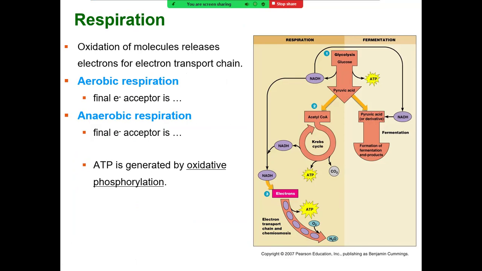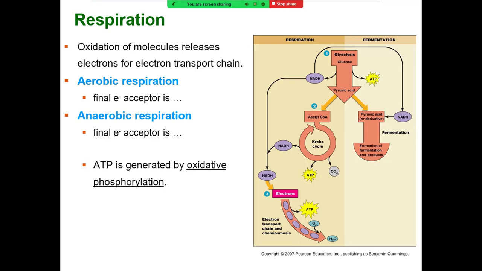Aerobic respiration, which we're going to talk about now in detail, and anaerobic respiration, which we'll talk about a little bit, not a lot, comparing it to aerobic respiration later, after we talk about aerobic respiration. Respiration is the oxidation of molecules that releases electrons for an electron transport chain.